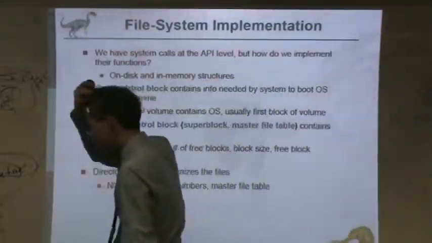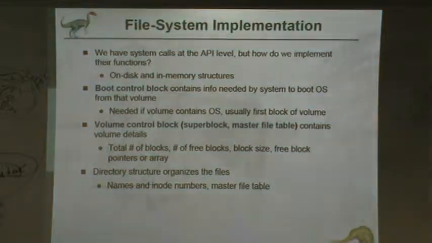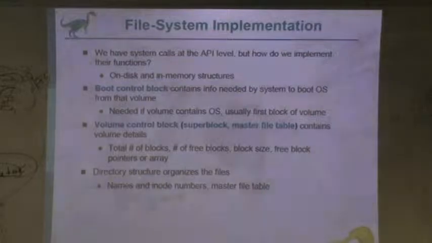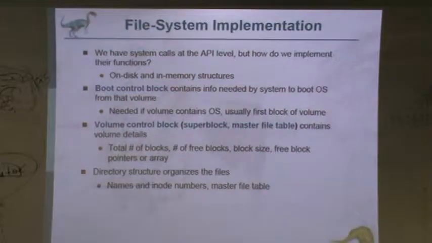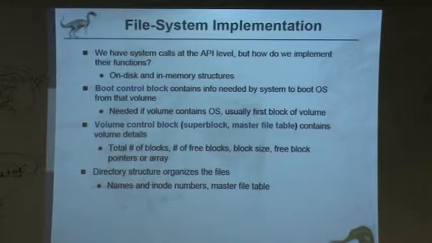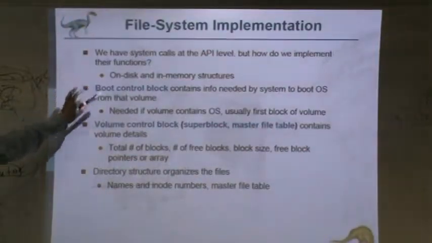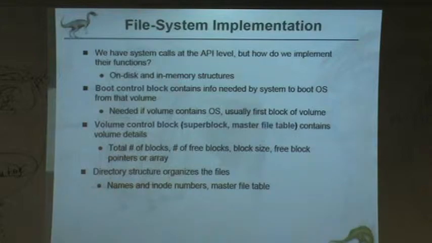Then, when you implement a file system that is not at the application layer, the logical file system should have different blocks, including the control block. In case your volume has a kernel module, it should have the boot control block.